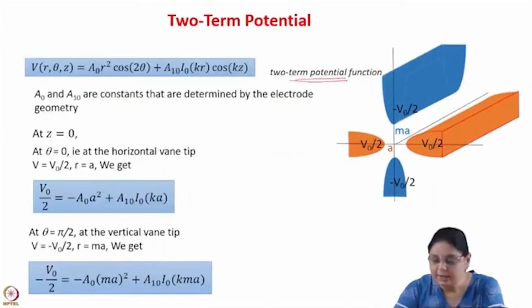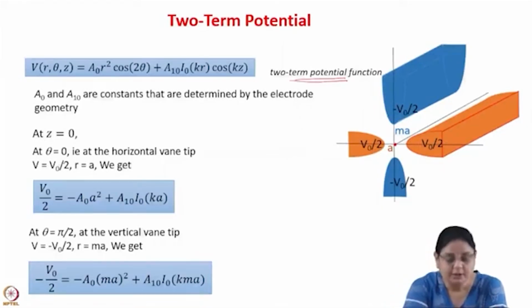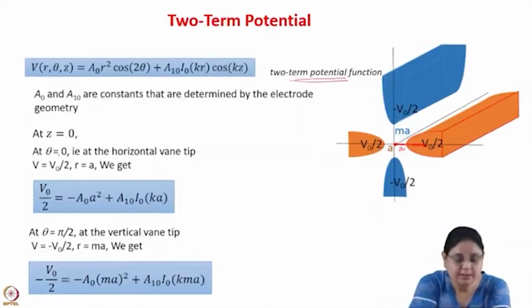Now let's say at this location z is equal to 0. So here we have theta is equal to 0. So let's take this location as theta is equal to 0. So the horizontal vane is at a distance a from the axis. So at theta is equal to 0, that is at the horizontal vane tip, we have V is equal to V0 by 2.